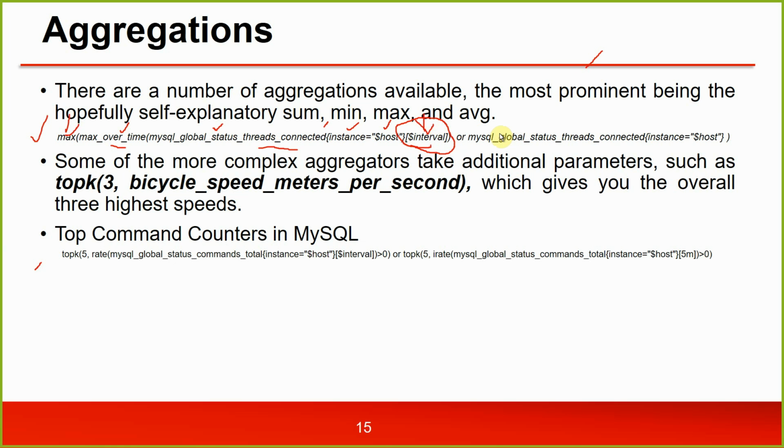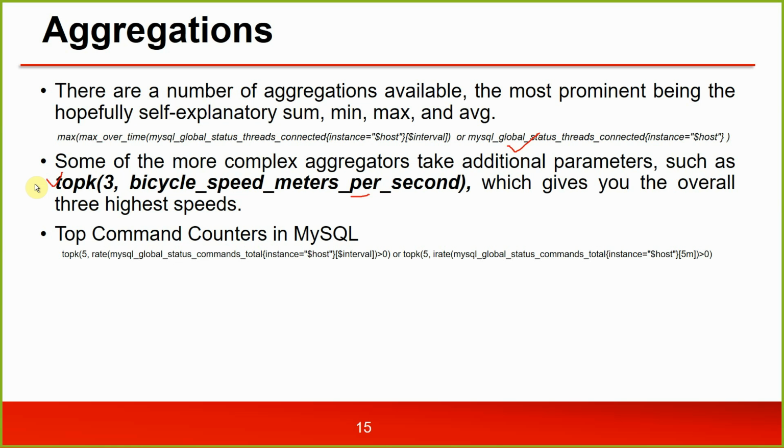Or another example, mysql_global_status_threads_connected, instance is host name. Some of the more complex types of functions or aggregators take additional parameters such as topk. Topk will get you top 5, top 3, top 2. So topk 3 bicycle_speed_meters_per_second gives you the 3 highest speeds overall.